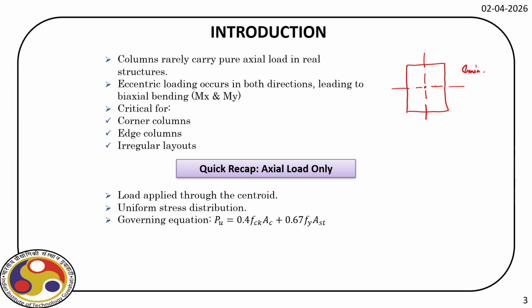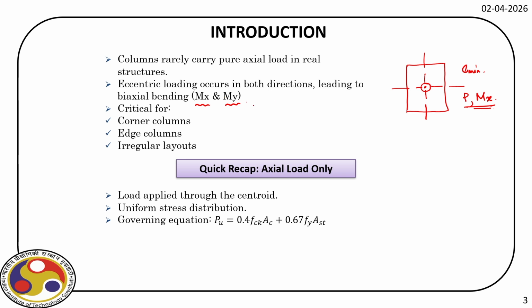And then we considered axial force and moment along one direction. So rarely do we have a situation where a load is acting at the CG of the column. In most cases we have Mx and My, both acting.